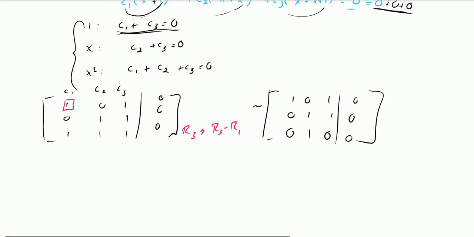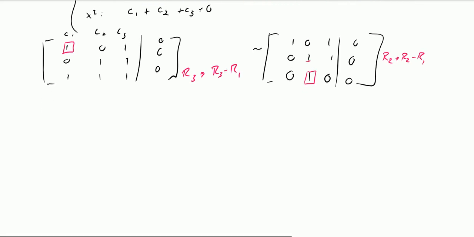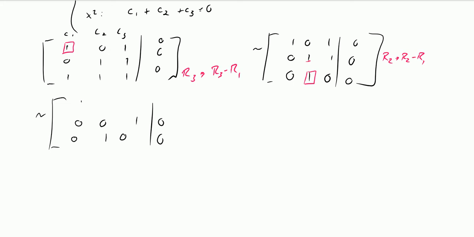Now first I'll use this to row reduce this one, so row 2 becomes row 2 minus row 1, and we get 0, 1, 0, 0, and then 0, 0, 1, 0, and then 1, 0, 1, 0.